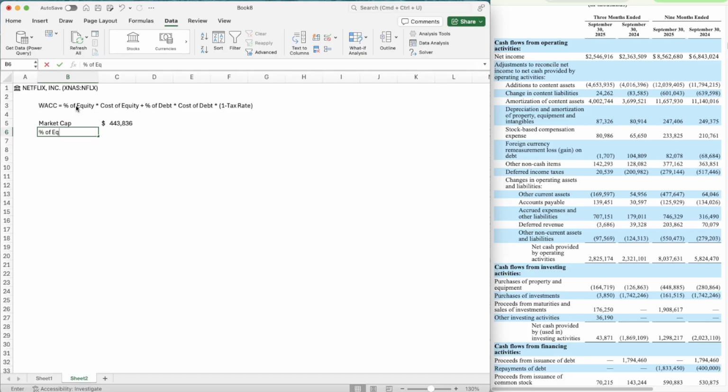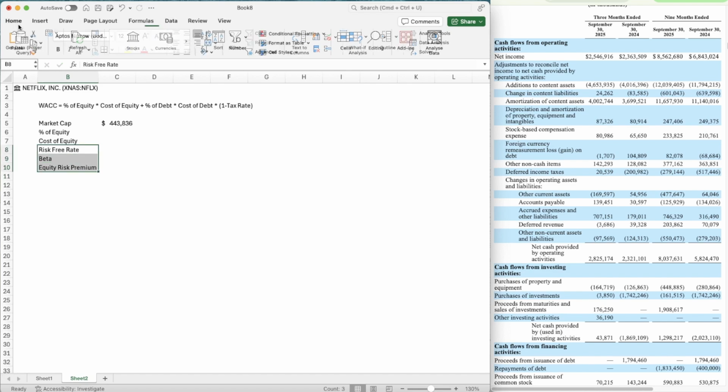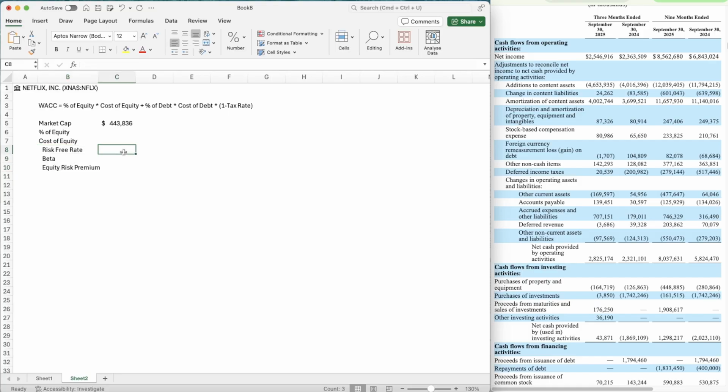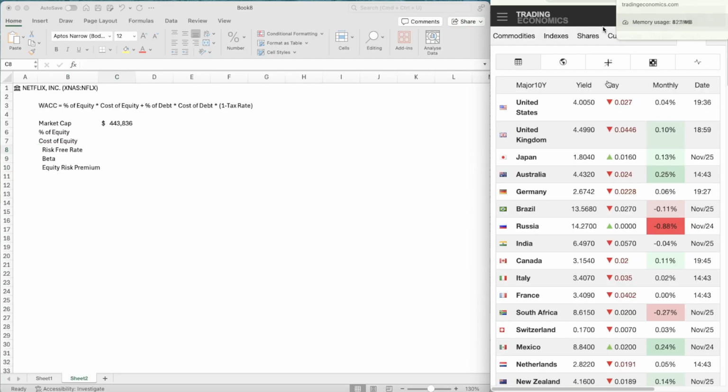Then the next one is percentage of equity. We can't calculate this just yet. Neither can we calculate the cost of equity. The cost of equity is composed of three components: the risk-free rate, the beta, and the equity risk premium. The only one from these that we know is the risk-free rate, and we use the US 10-year bond, which is 4.005 at the moment.